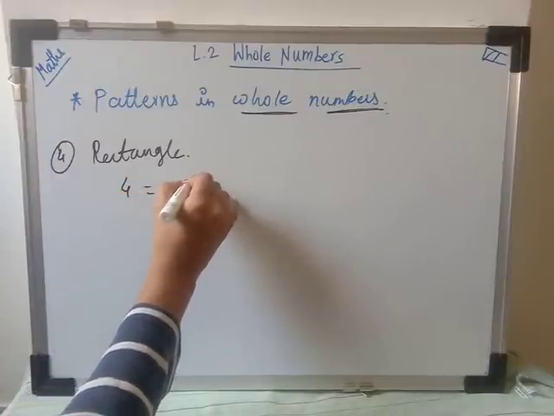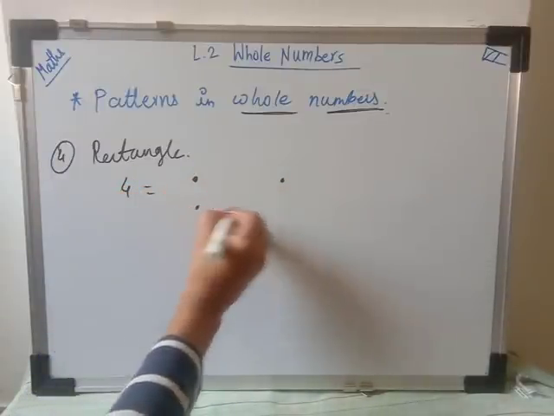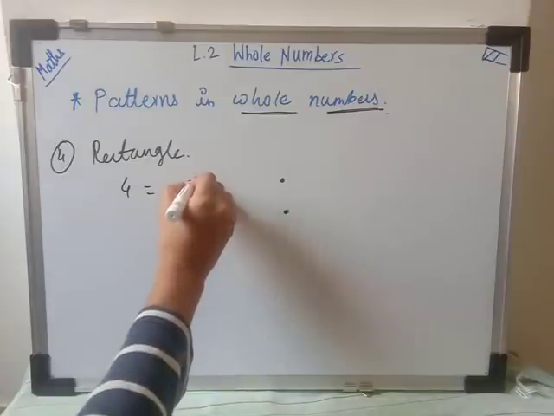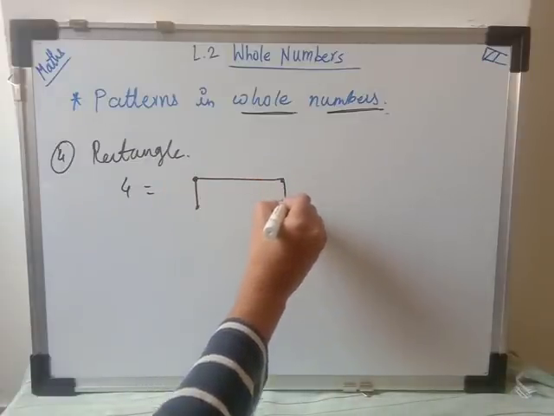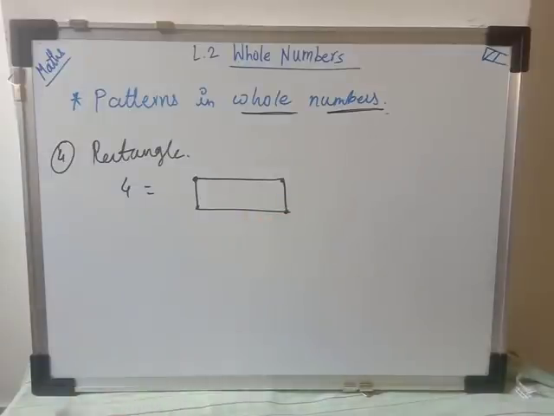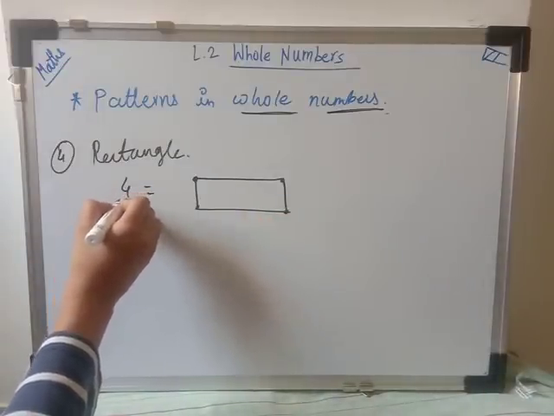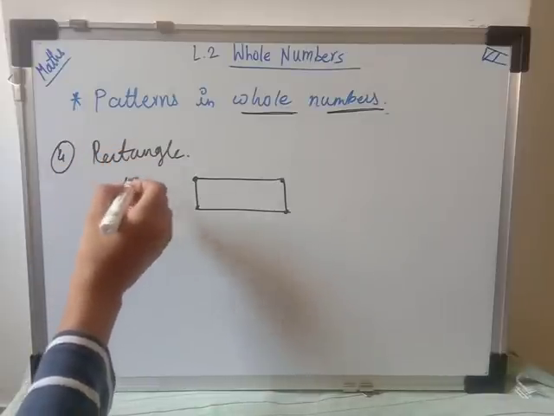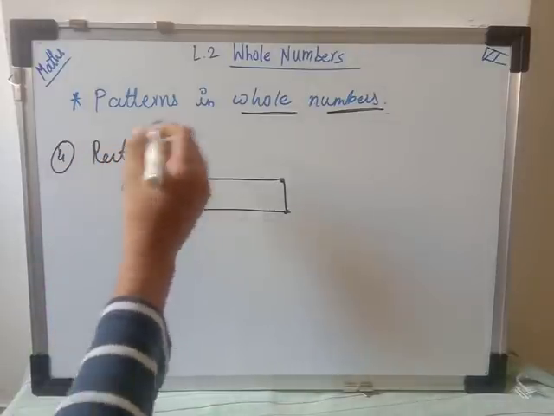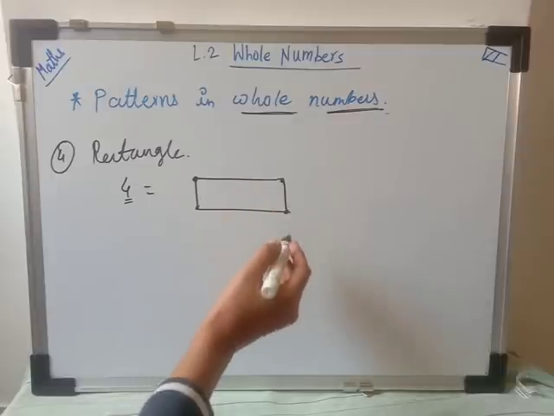I showed you before also, so here we can make a rectangle. I told you that 4 is the square of 2, and if we can make a square of that number, it means that we can make a rectangle of that number also.